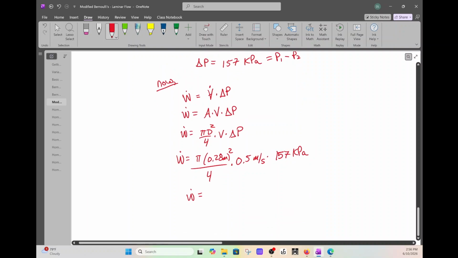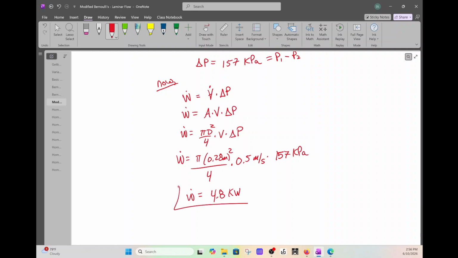So the pumping power is 4.8 kilowatts. So you need almost 5 kilowatts of power to move this liquid, this oil, at 0.5 meters per second in this pipe. Okay, to keep it constant speed.